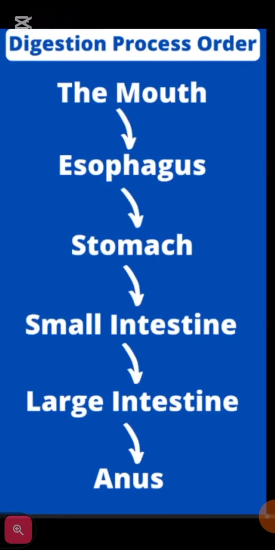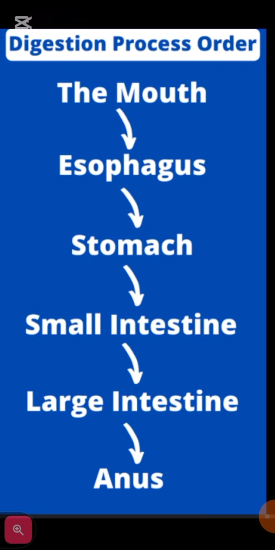Here you can see the different organs of digestive system in order. First, the mouth or the oral cavity. Then the food comes into the esophagus. From the esophagus, the food is pushed towards the stomach. In the stomach, pepsin, an enzyme, is produced which helps in the digestion of proteins. Hydrochloric acid is also produced in the stomach.